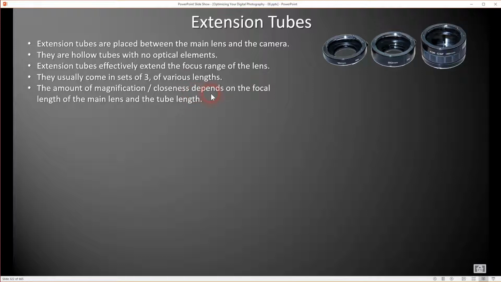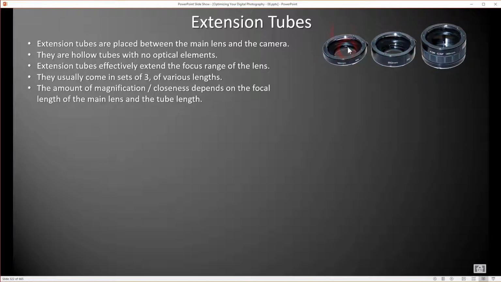The amount of magnification or closeness depends on the focal length of the main lens and the tube that you select. So a standard 50mm lens will focus closer than a telephoto on any of these extension tubes.